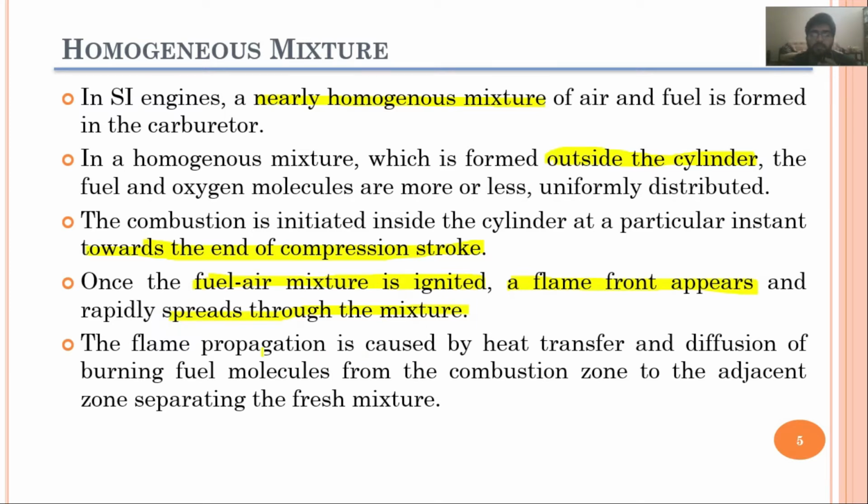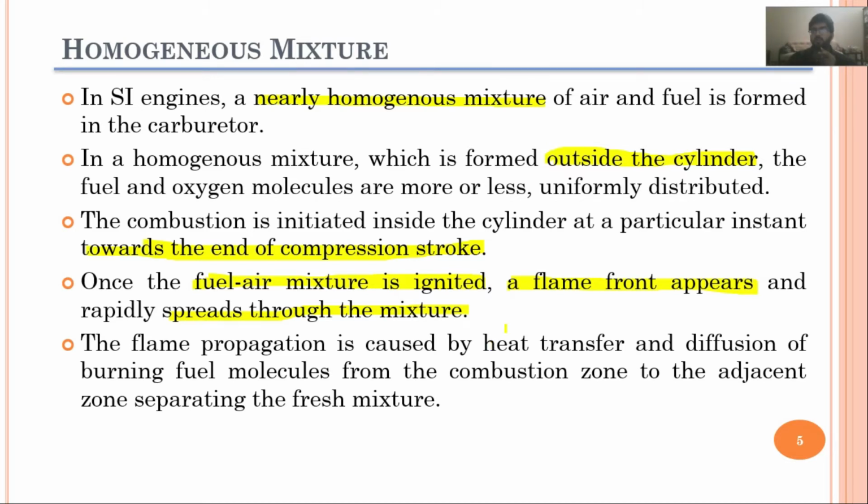The question is how this flame is propagating. We have basically two factors on which this flame propagation depends. Number one is the heat transfer between the already combusted fuel and uncombusted fuel.